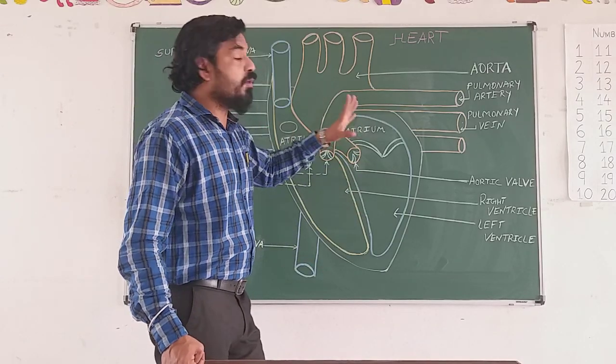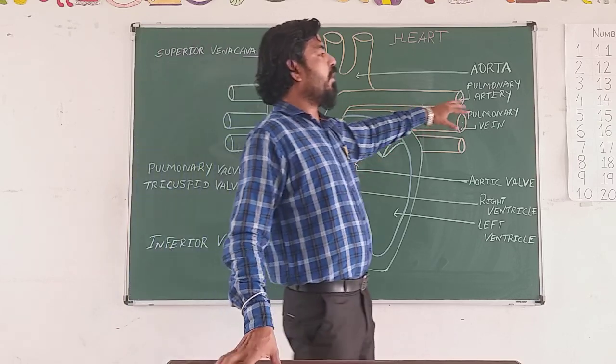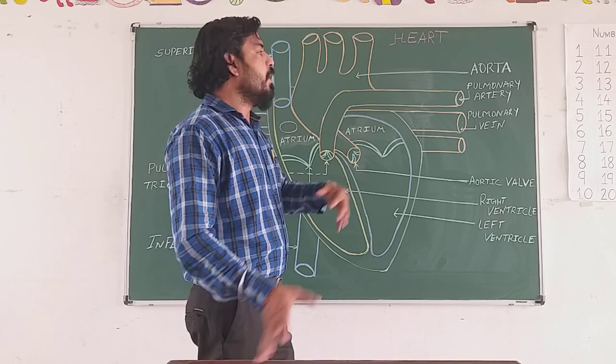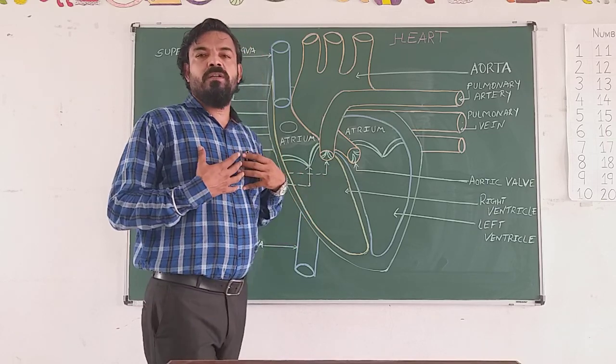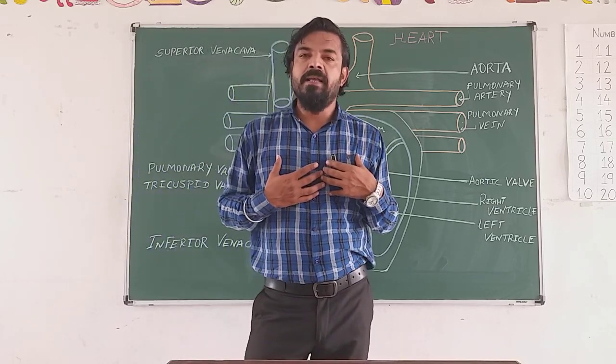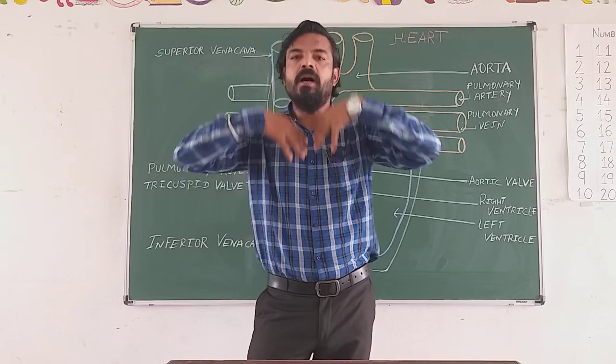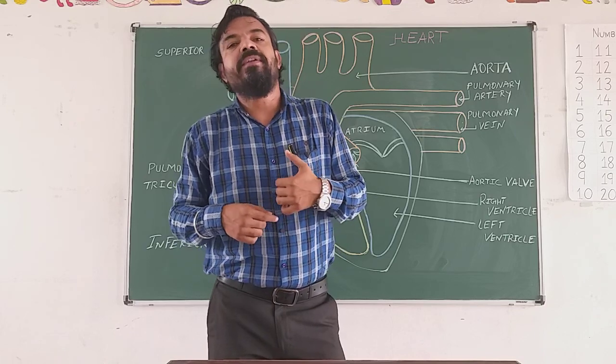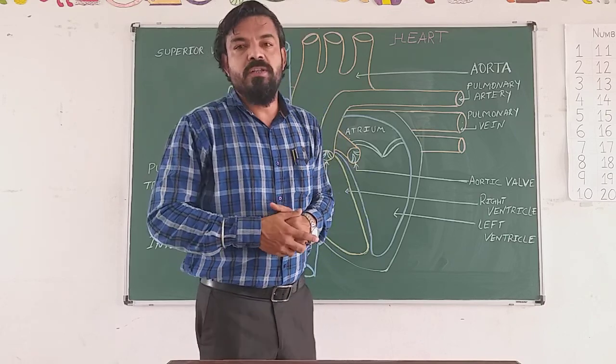So it is very important to understand why pulmonary arteries and veins are different in supplying blood. Then when it reaches your lungs, the carbon dioxide is supplied outside in the process of respiration, which is called inhalation and exhalation, as you understood.